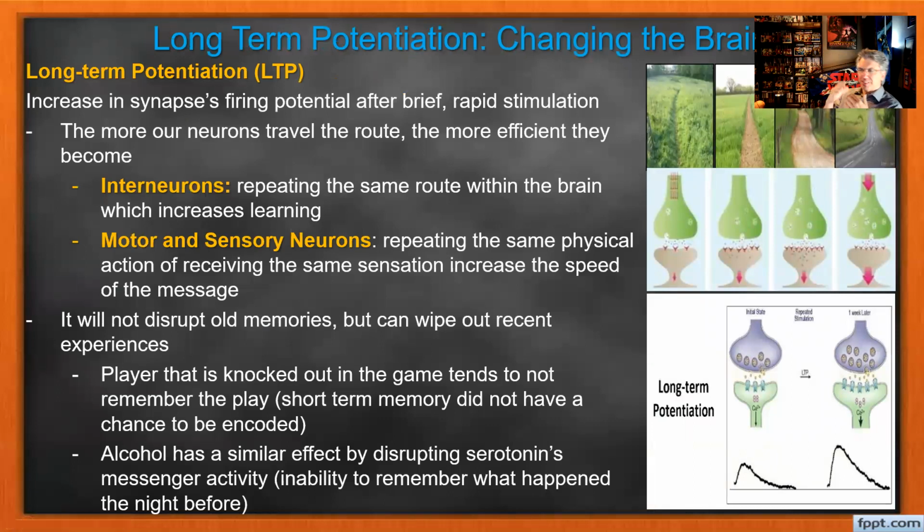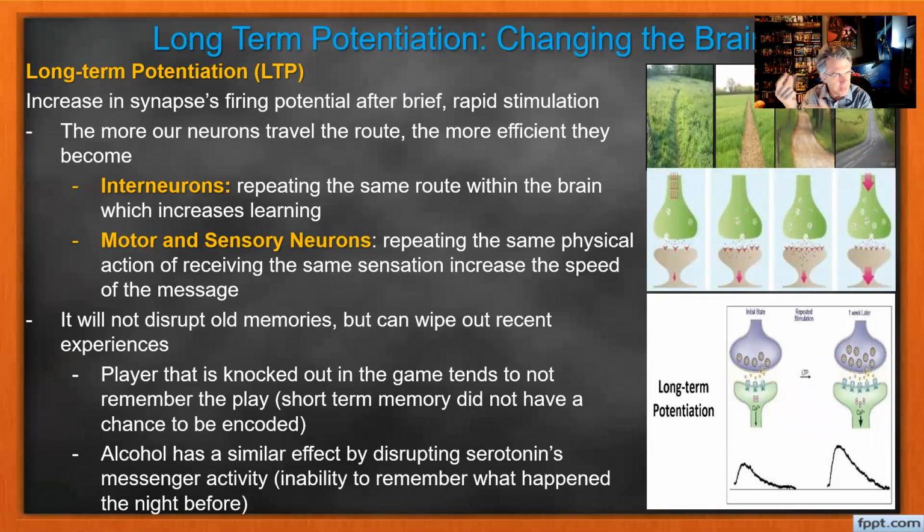Now, long-term potentiation is this idea of changes that happen in our brain. Every moment that we're experiencing something, these neurons are making these connections. And each time we do things, every time that I walk, I'm making those synapse connections more efficient. Each time that I talk, each time that I snap my fingers, I become better at it because I'm traveling that route again and again.